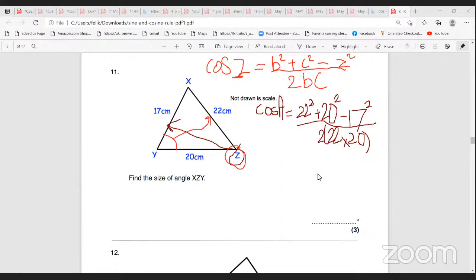Miss, 130,900. Miss, this is kind of too big.